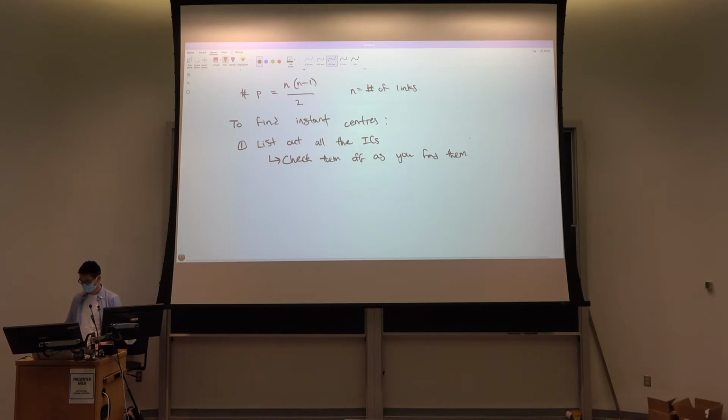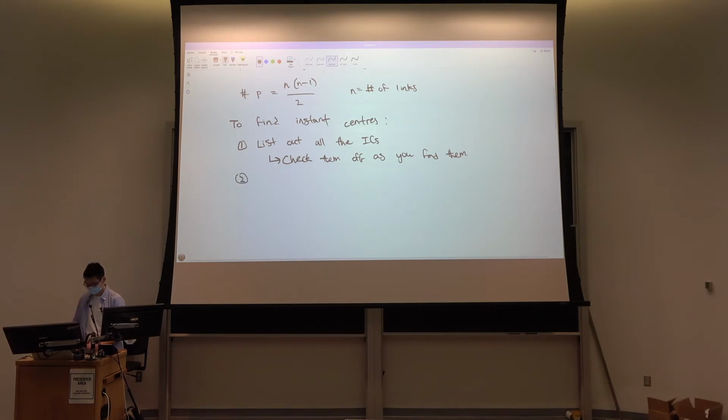It also helps you identify how to find the ones that you're missing. How that works is something I'm going to introduce later. It's sort of like a theorem that someone discovered, but we'll get into that in a bit. So that's step 1: list out all the ICs and check them off as you find them.